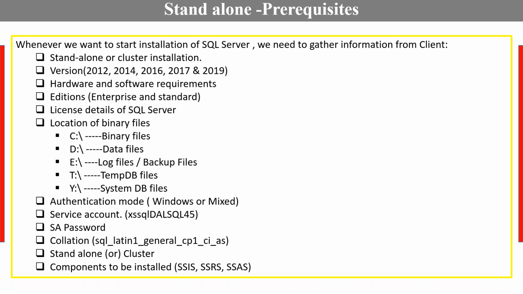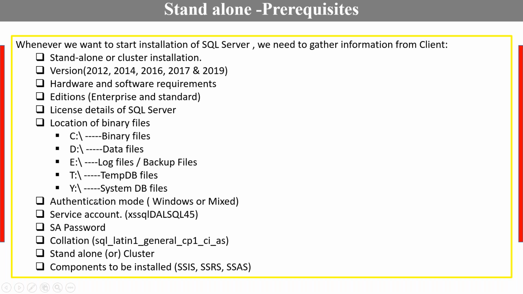Based on application requests, we also need to suggest to the application team: to give better performance, we should not keep everything in one disk. Especially tempdb should be in a separate disk to reduce tempdb contention.